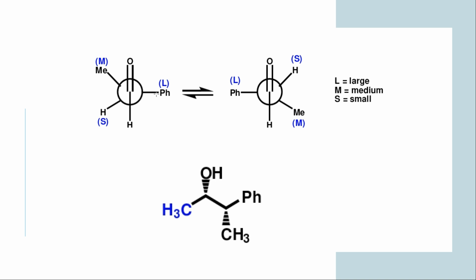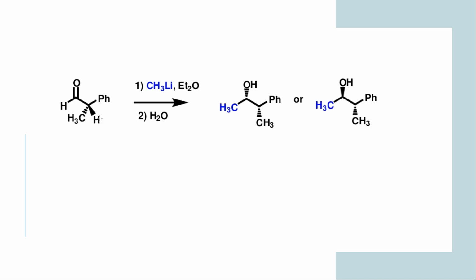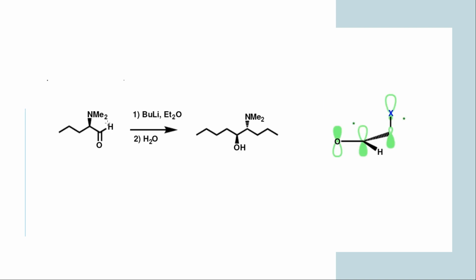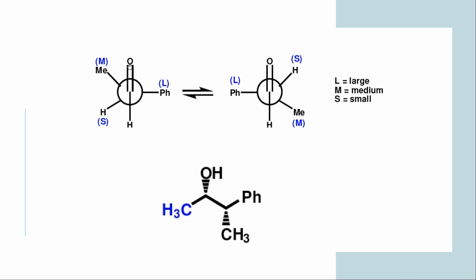So if phenyl is arranged in this way, accordingly methyl and hydrogen will lie in this fashion. Okay, you are keeping phenyl perpendicular, so methyl and hydrogen will lie in this way at an angle of 120 degree. Okay, so these two are the possible orientation. Any one of these two you can follow to get the answer.